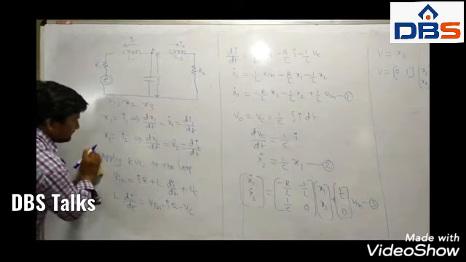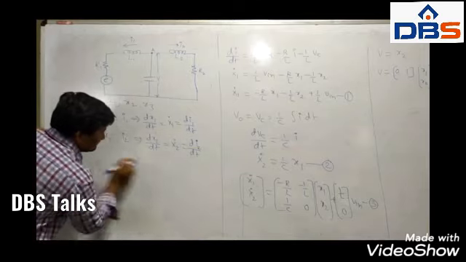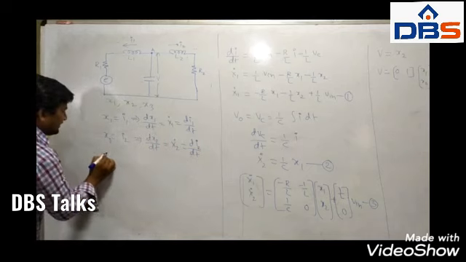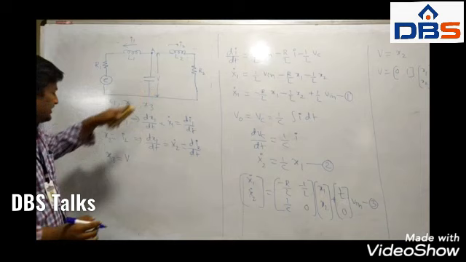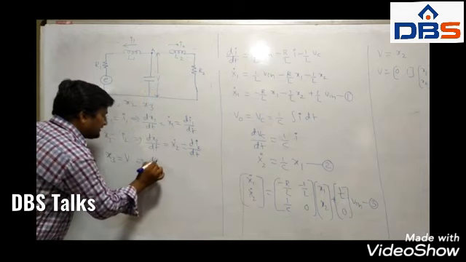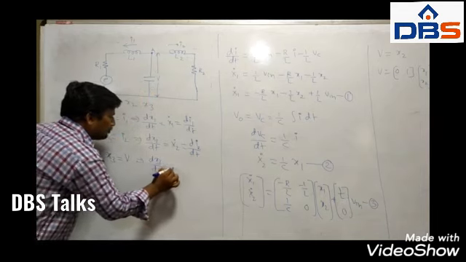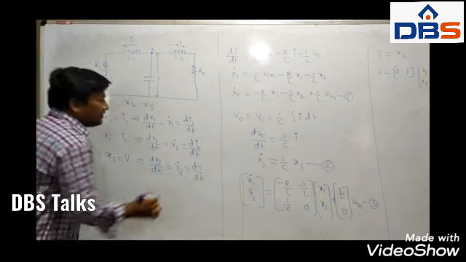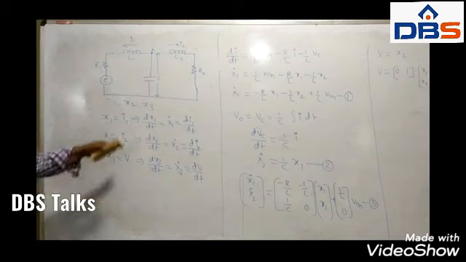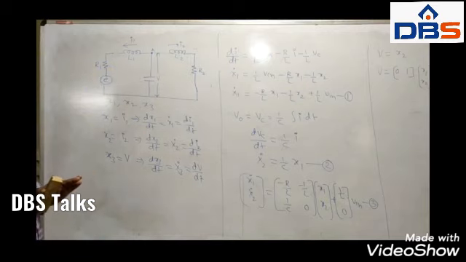And x3 is the voltage across the capacitor, V, so x3 dot equals dv by dt. These three state variables are applied in the given electrical circuit.